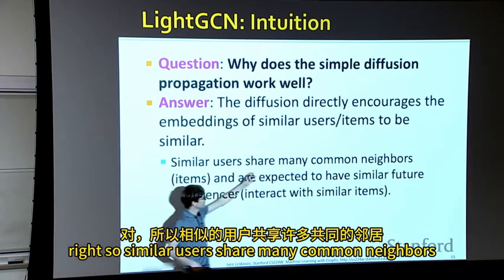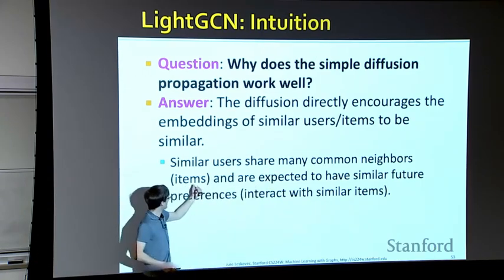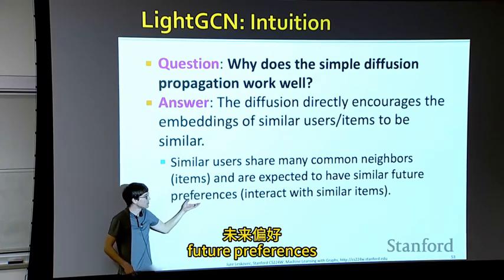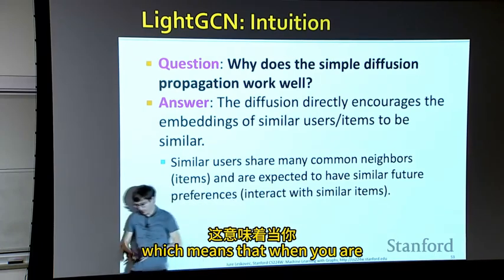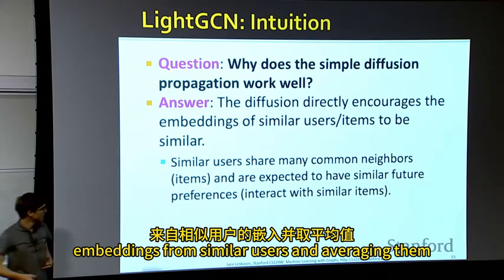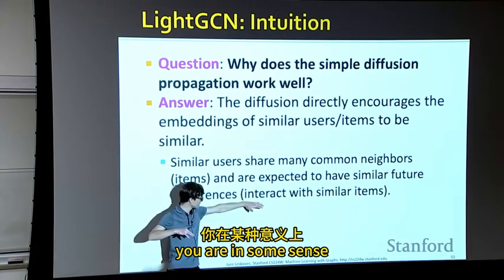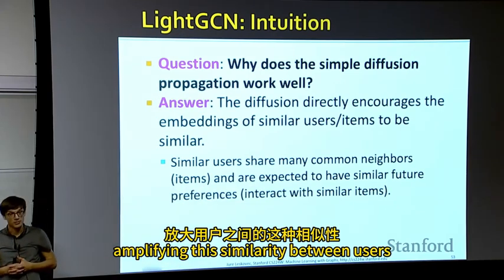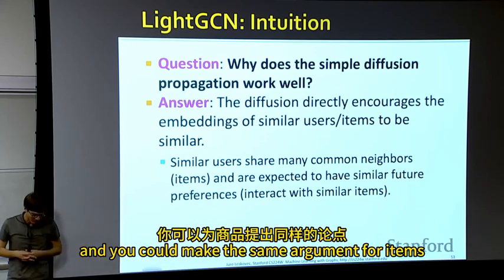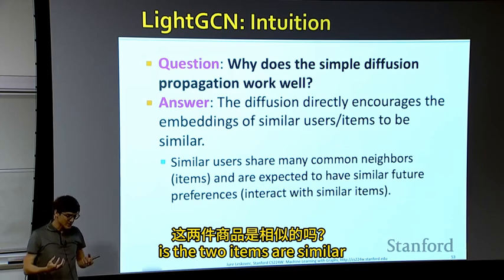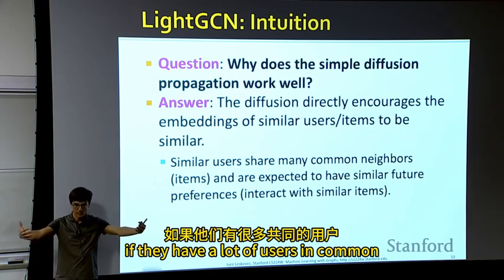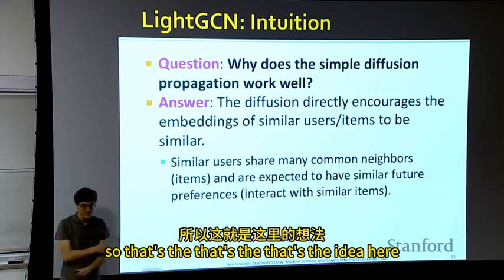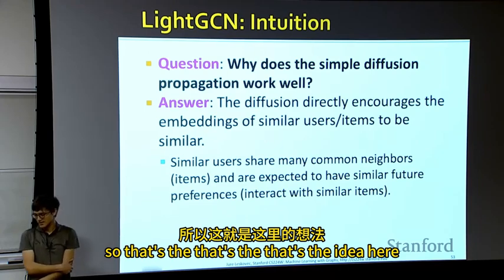So similar users share many common neighbors, items, and are in this respect expected to have similar future preferences, which means that when you are aggregating these embeddings from similar users and averaging them, you are in some sense amplifying this similarity between users. And you could make the same argument for items, is the two items are similar if they have a lot of users in common who interact with them. So that's the idea here.